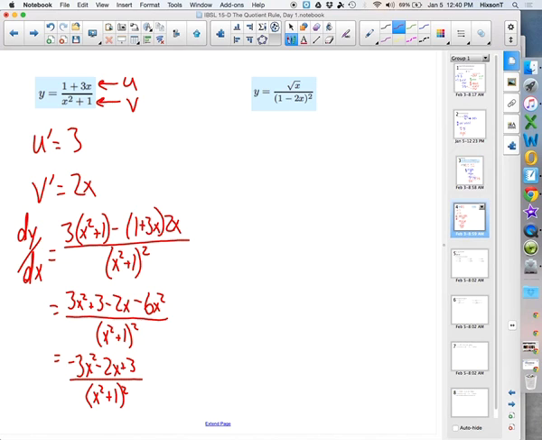Why didn't you leave the x squared plus 1 in the numerator and just cancel it out? You could, but you'd have to split this into two separate fractions, and you'll still get an ugly fraction. Keeping it all as one fraction will help us later when we want to find when this equals 0 and when it's undefined. So it's just a judgment call.